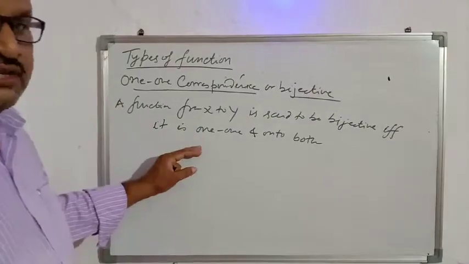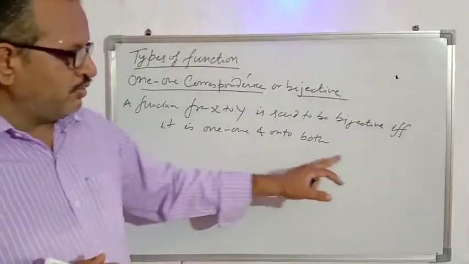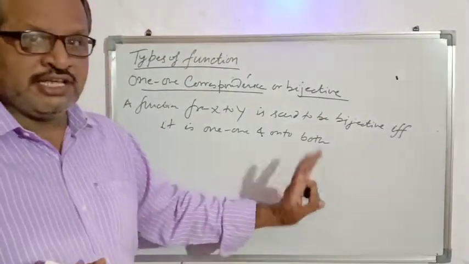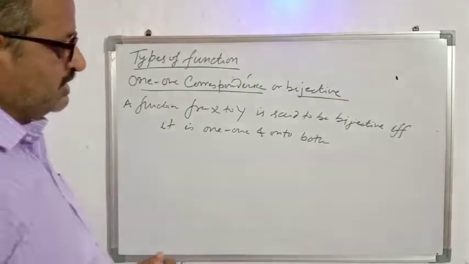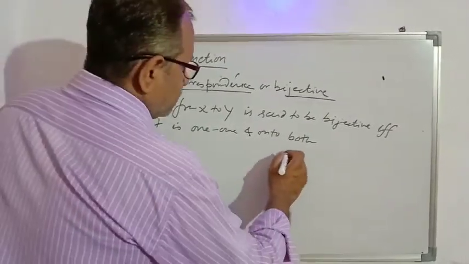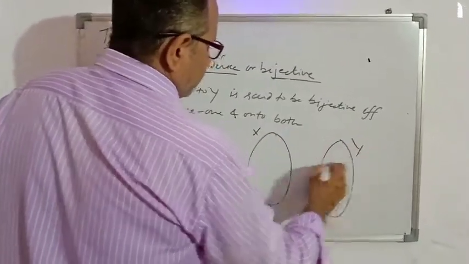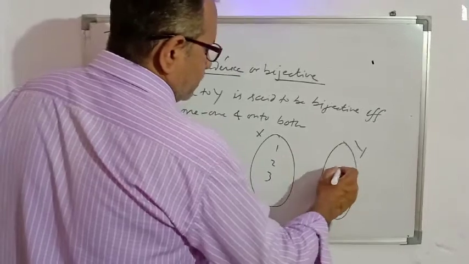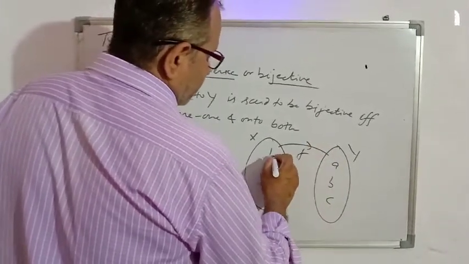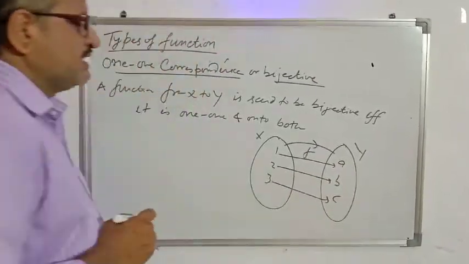1-1 means what? Different elements of X have different image in Y. Onto means what? No element is left in the set Y which is not the image of any element in the X. Means every element of set Y is involved in the relation. X, Y, 1, 2, 3, a, b, c. Function is defined from X to Y. 1 is related to a, 2 is related to b, 3 is related to c.